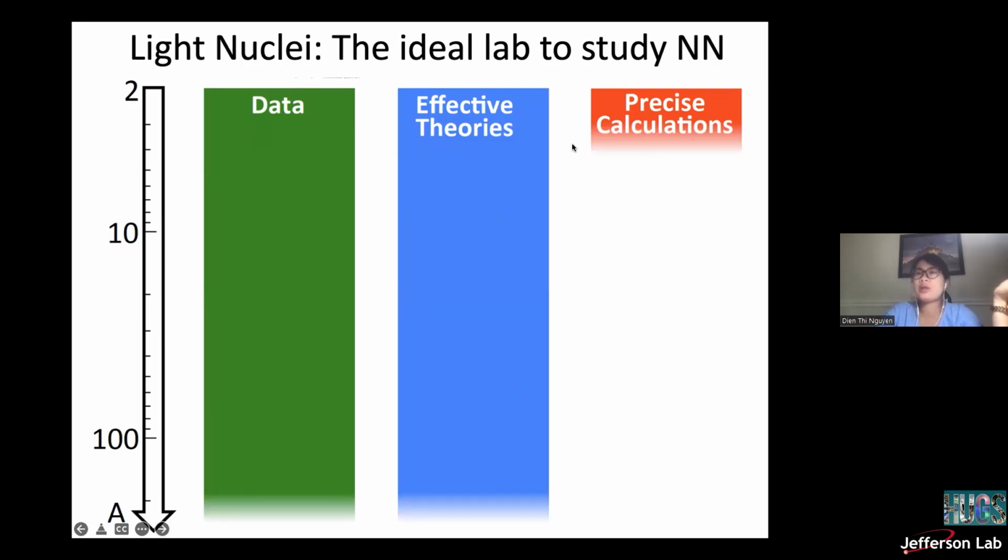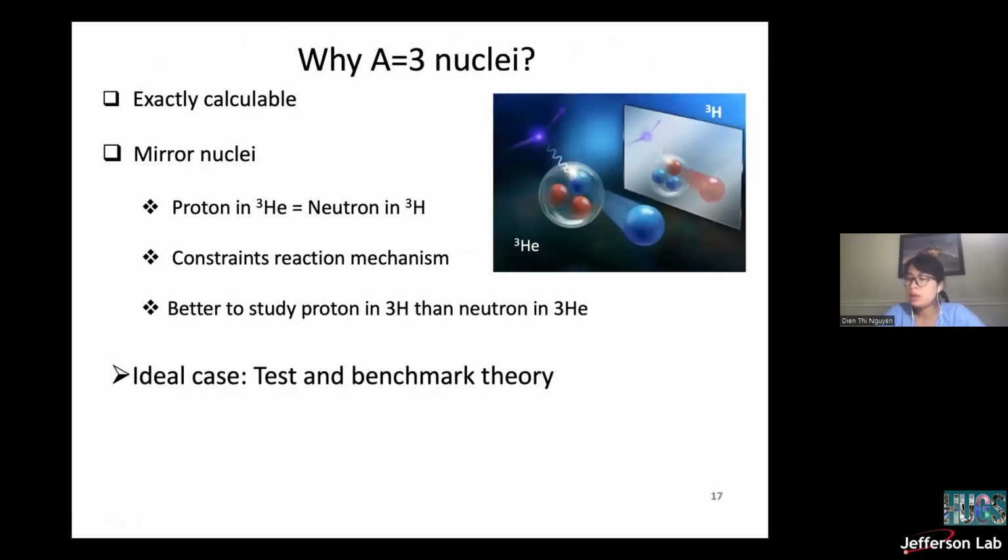Like I mentioned, it's the challenge of the many-body system. So that is where we want to test our theory calculation. If we have data and precise calculation, that is the perfect place to benchmark the calculation. That is why we want to use the A=3 nuclei to study the NN interaction.